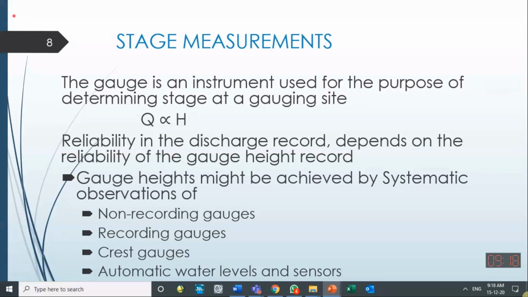Elevation is the level of the water with reference to datum, while depth is the level of the water with reference to bed. So if the datum is the bed of the channel, then that is the depth, and stage and depth will be the same. But if the datum is somewhere else, then your elevation and your depth will be different values.